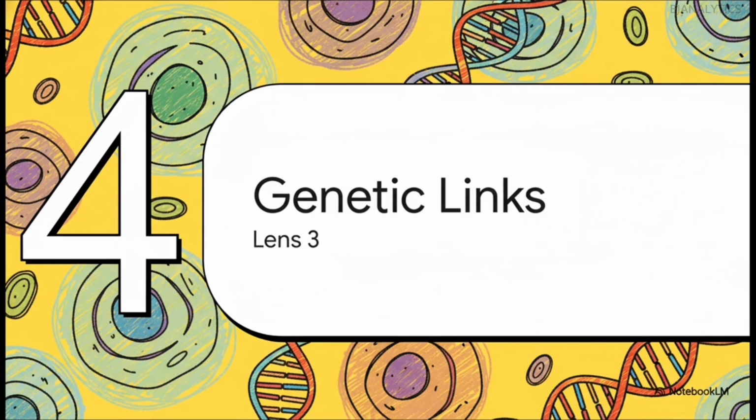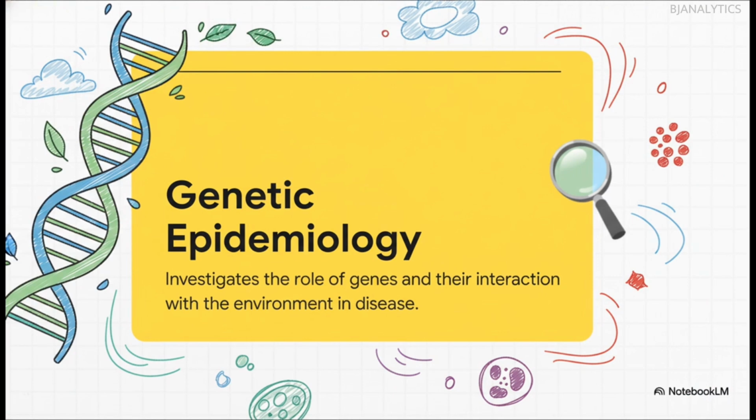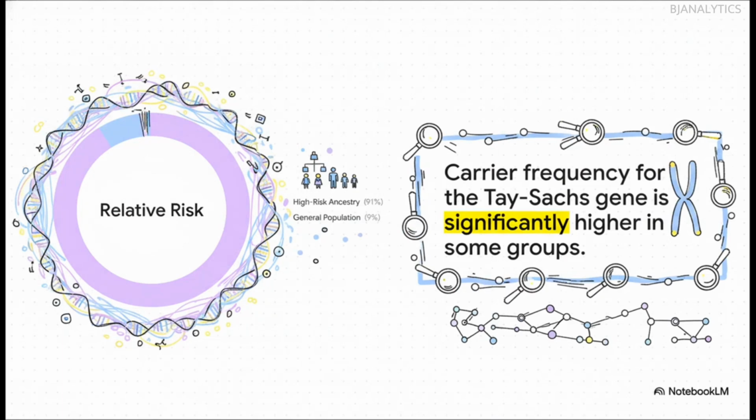Okay, so we've looked at the world outside of us. Now, let's shift our focus from out there to right inside our own cells. This lens zooms in on our DNA, and is all about trying to untangle how our inherited genes, sometimes working with those environmental triggers we just talked about, can make some of us more likely to get certain diseases. Now, check this out. This chart shows exactly how this works.